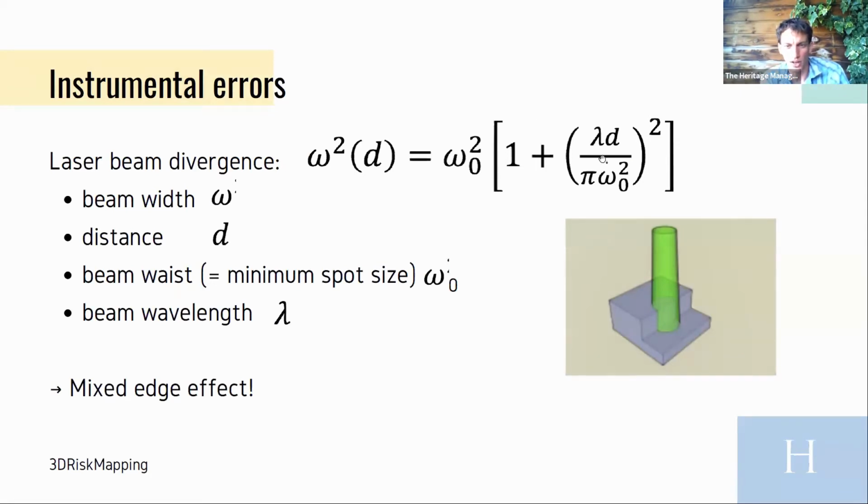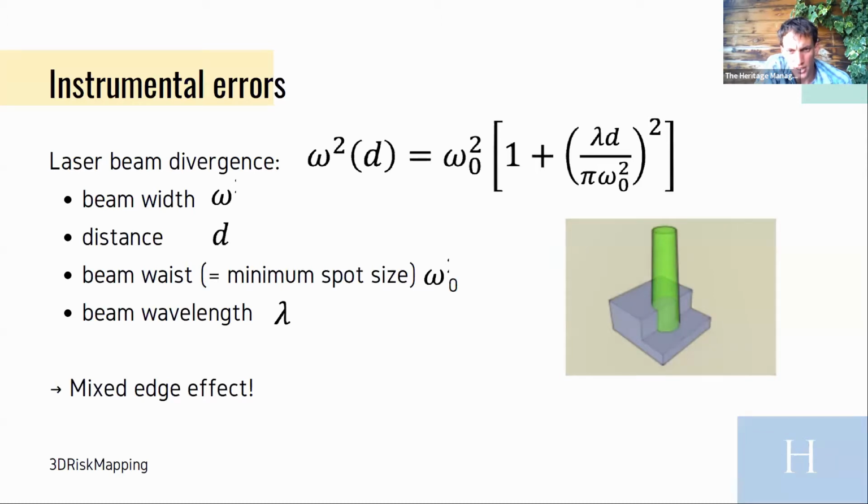So I give you this equation for the sake of completeness about the relation between the wavelength of your signal, the distance and the opening angle. You have a beam width and a distance, and as a function of that, your beam divergence will vary as a function of the distance, which is of course variable in your data set.